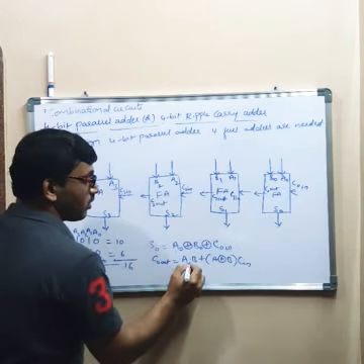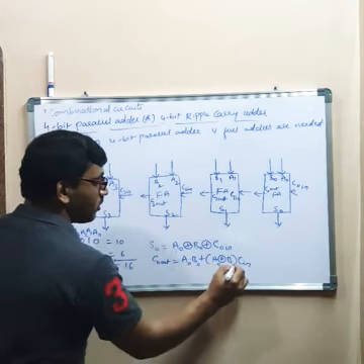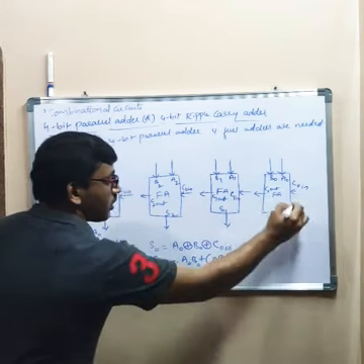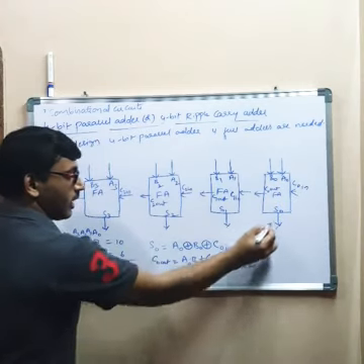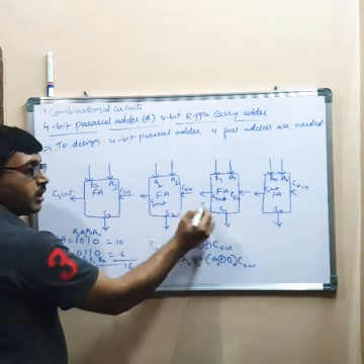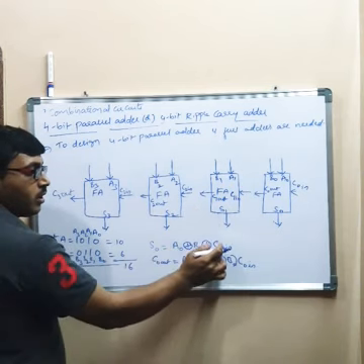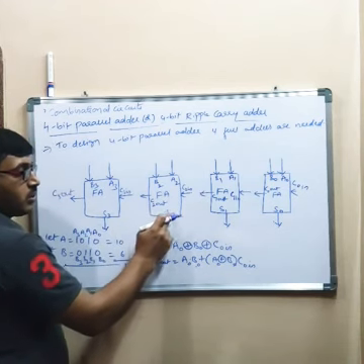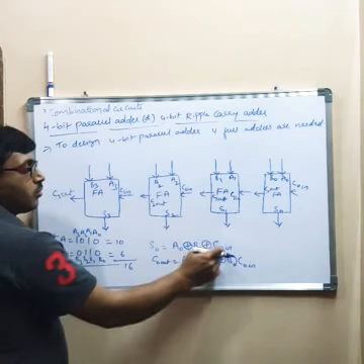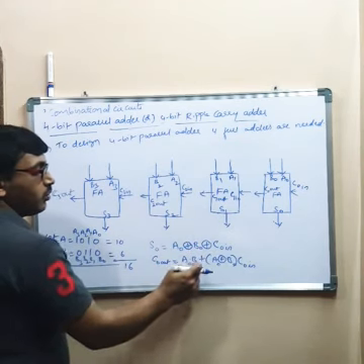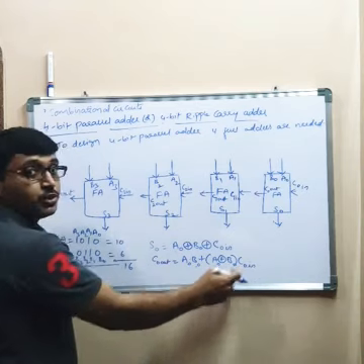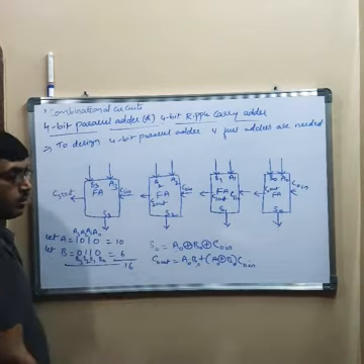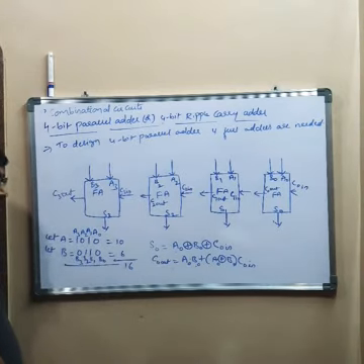This one, A0 B0, A0 XOR B0, C0 in. What will be the sum and carry expressions of this? Here you will get A1, B1, C1 in. What is the sum and carry expressions of this? A2, B2, C2 in. A2 B2 plus A2 XOR B2 into C2 in. Right? Like this you will get the expressions for all the full adders.